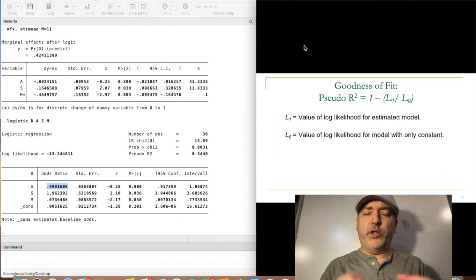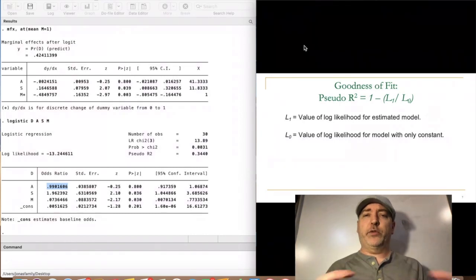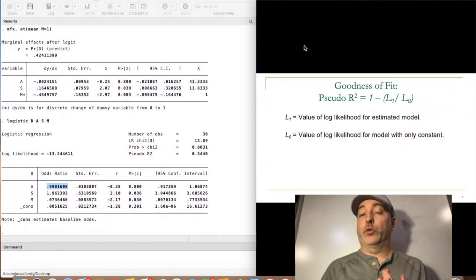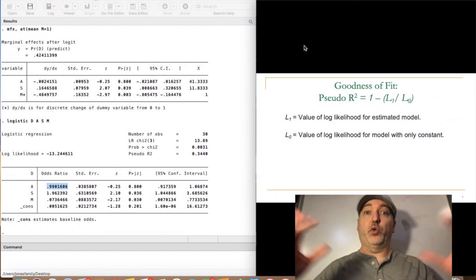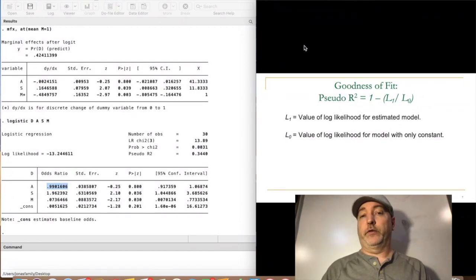How well does our set of X variables fit the outcomes that we actually see? But instead of using the sum of squared residuals as our primary measure of accuracy or fit, we replace that with the value of the log likelihood, the joint probability of observing the outcomes that we see. So the higher that probability is, the better our model is doing.